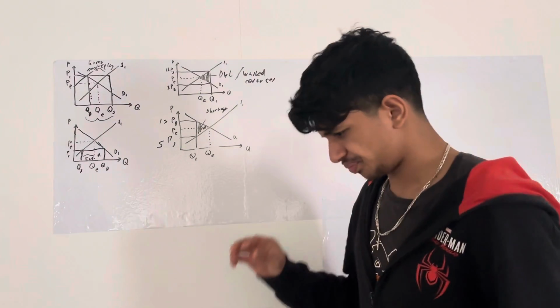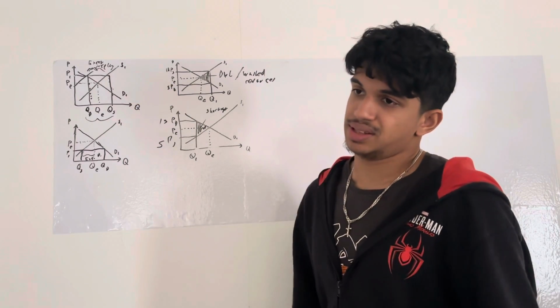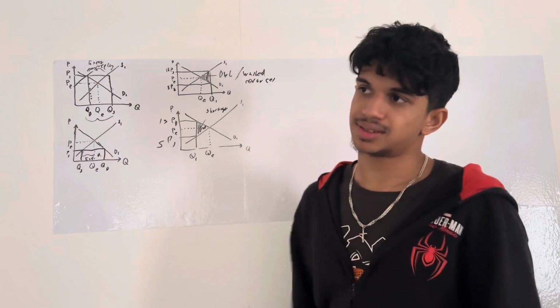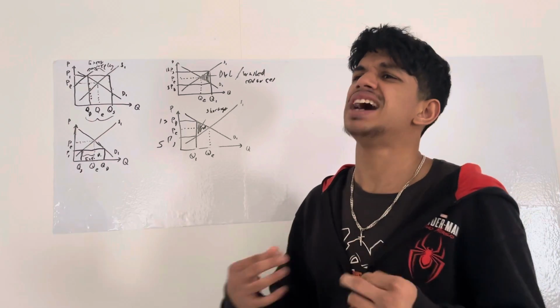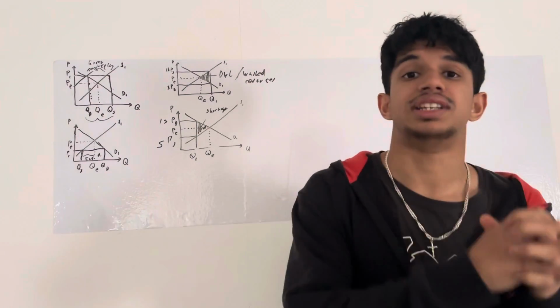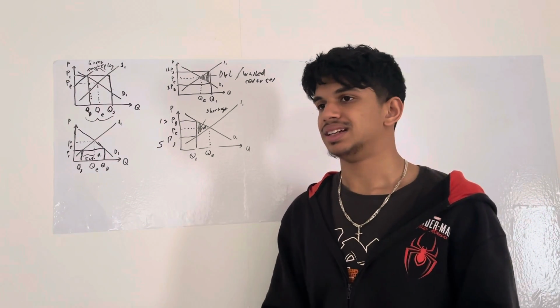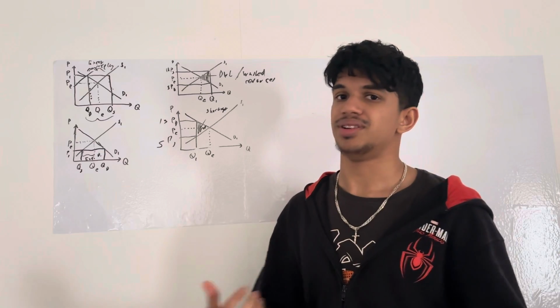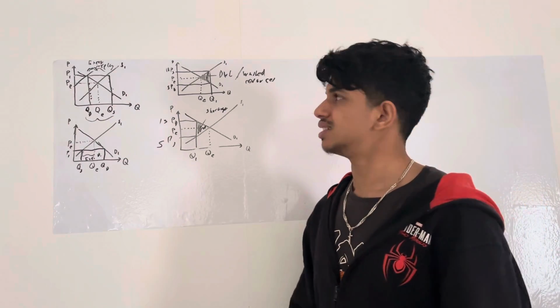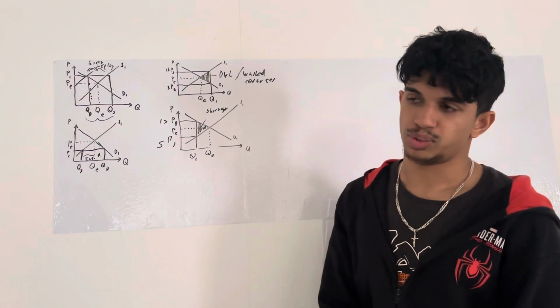That means that even though suppliers are getting a higher price, and even though buyers are potentially getting a lower price, it's still not valued. If suppliers had just moved that production to a different good, for example, textbooks, or maybe rubber duckies, or anything else, right? They would be able to be at the equilibrium, which is what they want.